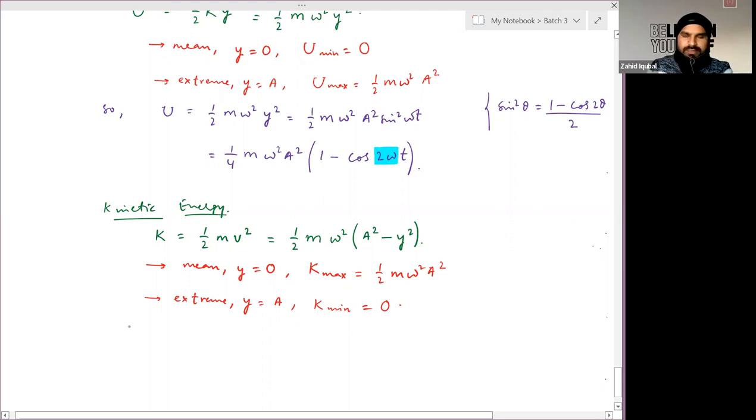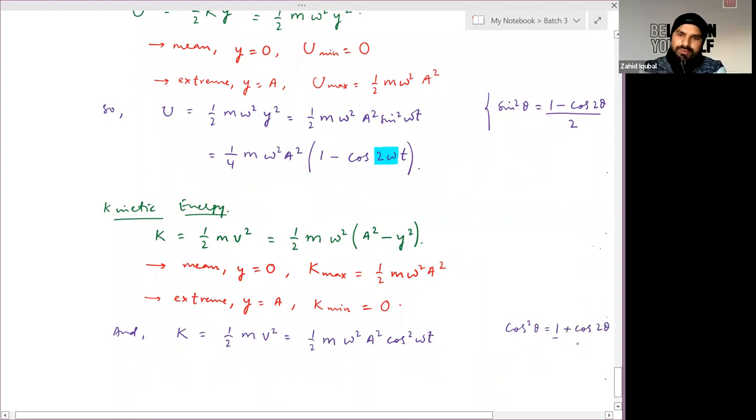Next, we have to define this quantity in time-dependent terms as well. We can write kinetic energy equal to half m v squared. In place of v, we write the time-dependent term: v is equal to omega times a cos omega t. Now, to transform this relation into a linear power, we may write cos squared theta equals (1 plus cos 2 theta) divided by 2.